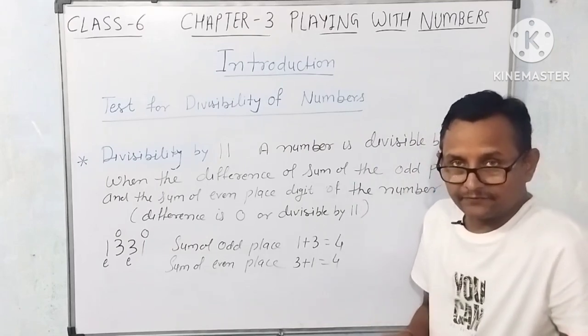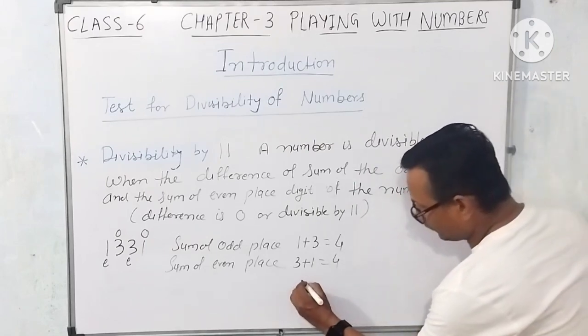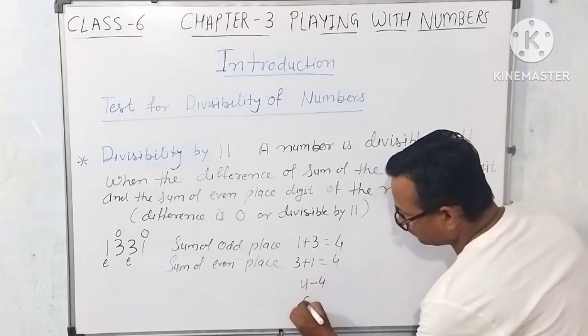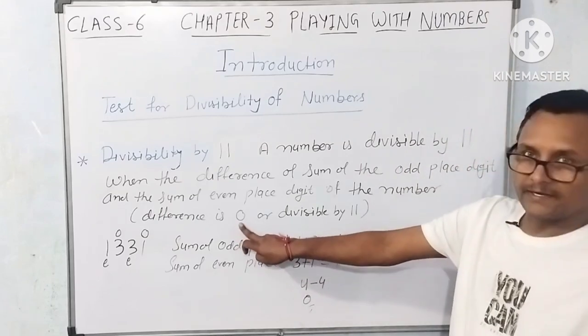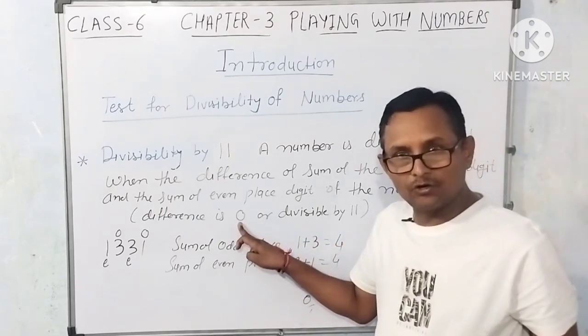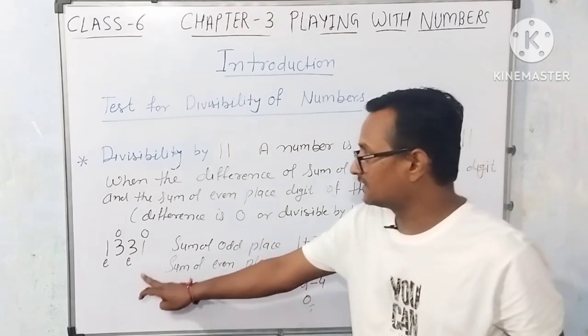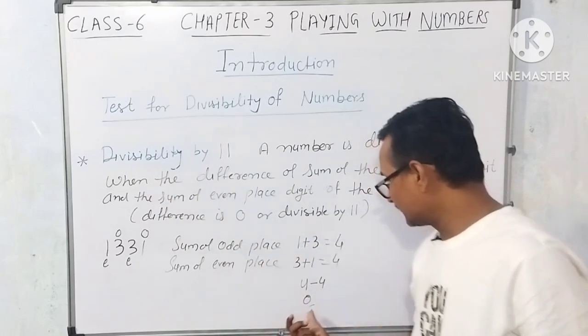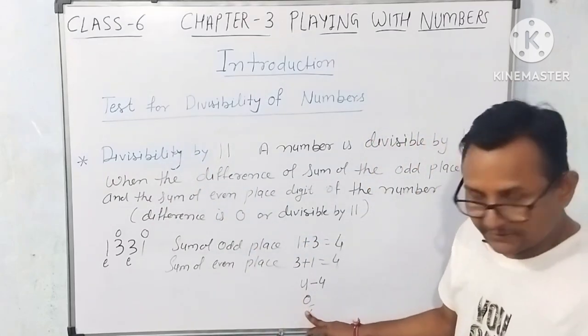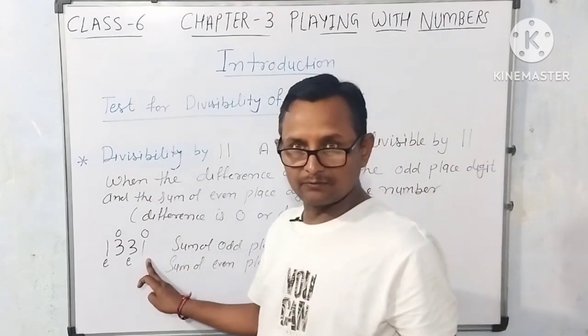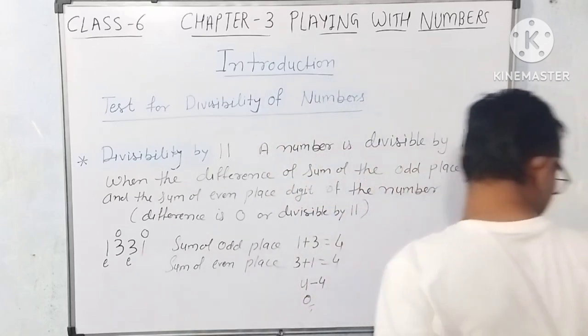Now friends, the difference is 4 minus 4 equal to 0. And if the difference is 0 or divisible by 11, then the number is divisible by 11. So the result is 0, so this number is divisible by 11.